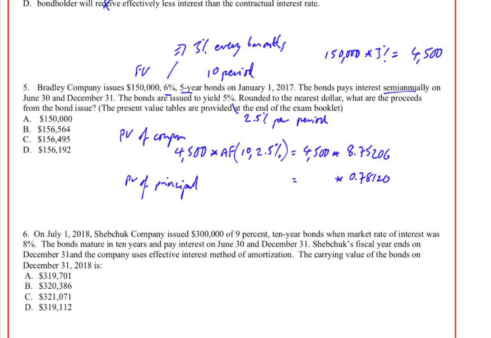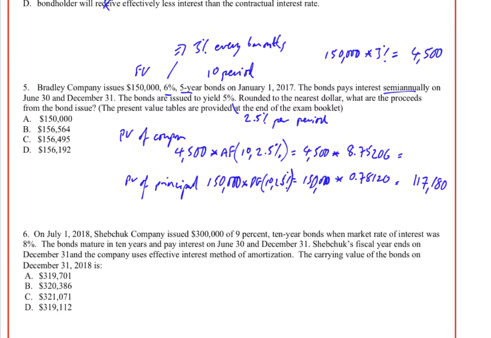We've got the present value of the principal being repaid. And so that's 150,000 multiplied by the discount factor for 10 periods at 2.5%. So 150,000 multiplied by that gives us 117,180.